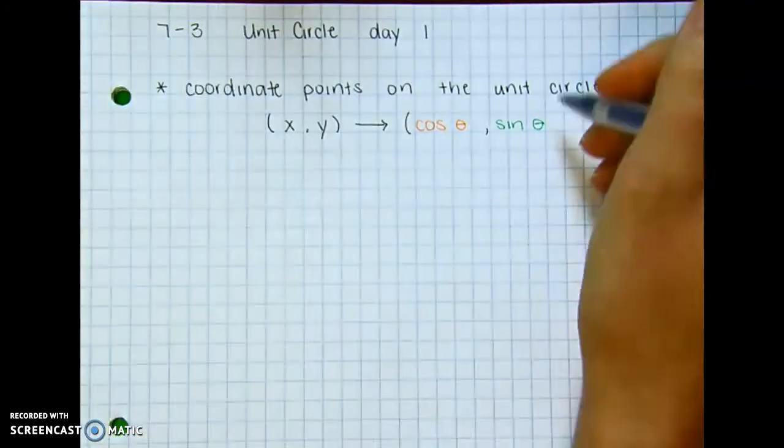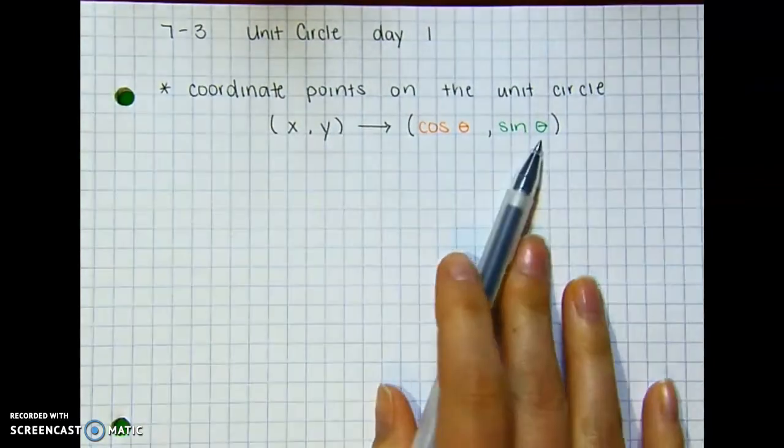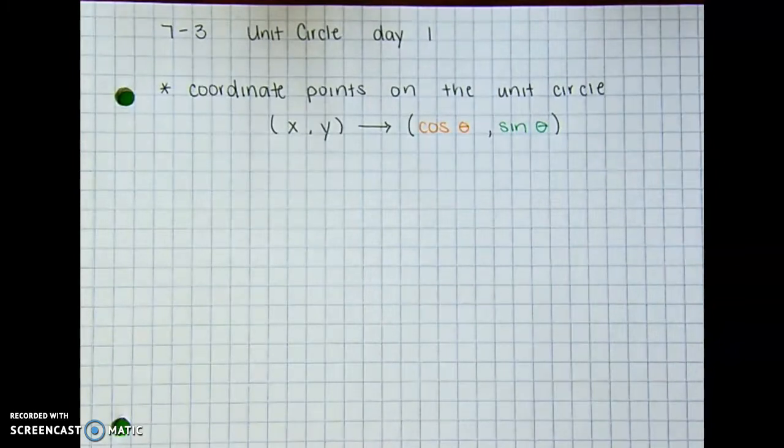To remember the order, I like to think alphabetically, right? We have x, then y, so we're going to have c and then s. So cosine theta represents the x distance, sine theta represents the y distance.